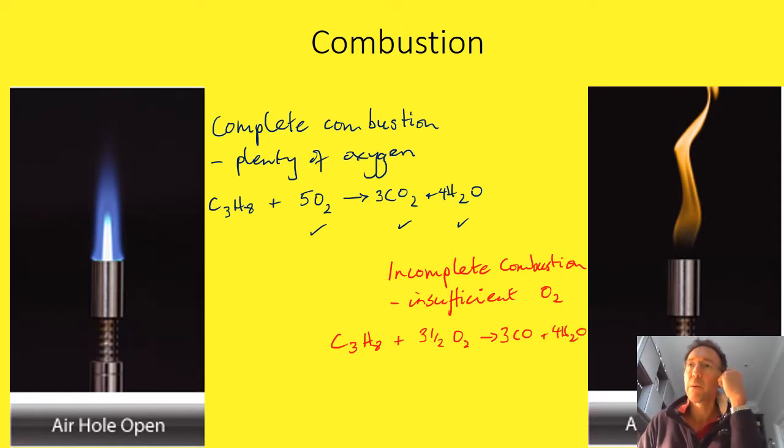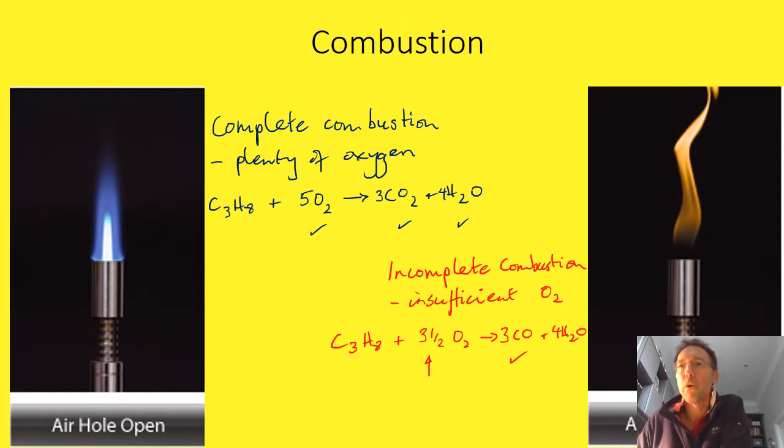Okay, so that's an example of the incomplete combustion equation, and the important thing to notice is that we've got too little oxygen for complete combustion, so we get carbon monoxide instead of carbon dioxide.